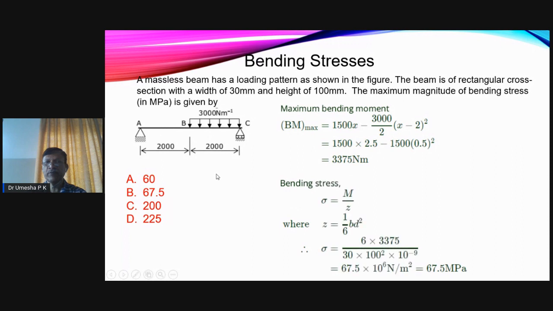Once we get the maximum moment, bending stress is equal to M by Z. That is very simple. The only thing is to calculate the maximum bending moment due to that partial UDL. Z is equal to bd square by 6.